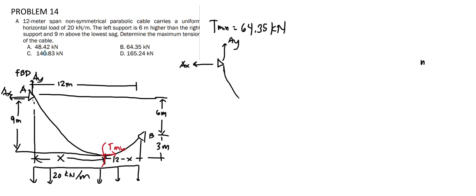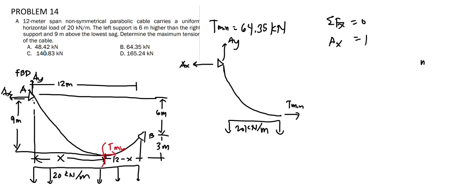And considering the left side of the cable, we have the T minimum tension and the uniformly distributed load of 20 kilonewton per meter. So by taking summation of forces horizontal, we can get AX that's just equal to the T minimum. So AX is equal to also 64.35 kilonewton.